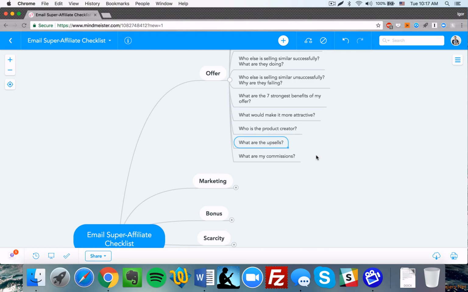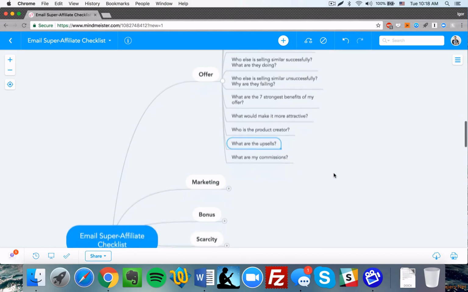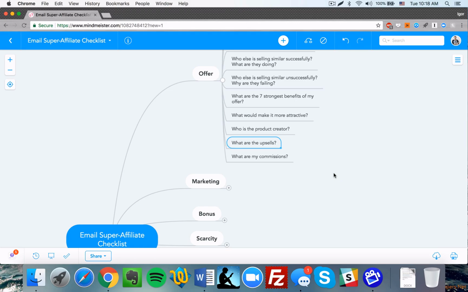What are the upsells? Always ask the vendor what the funnel looks like, how many offers are in the funnel, how many upsells. The reason you want to know that is because first off, it determines your commissions, which is the next question. And the more offers in the funnel, the more the average customer value can be. But also because what if the upsell process is kind of bad?